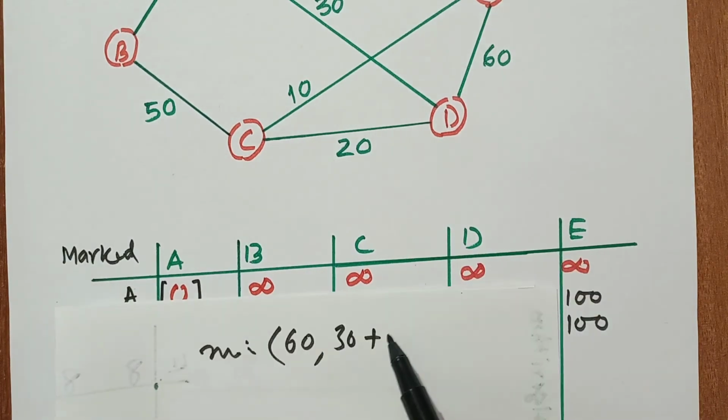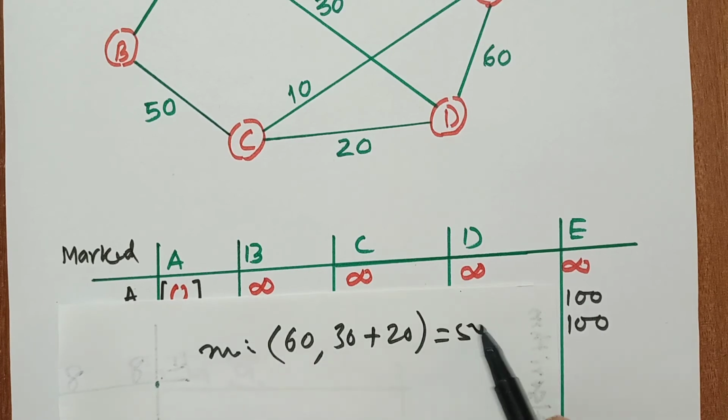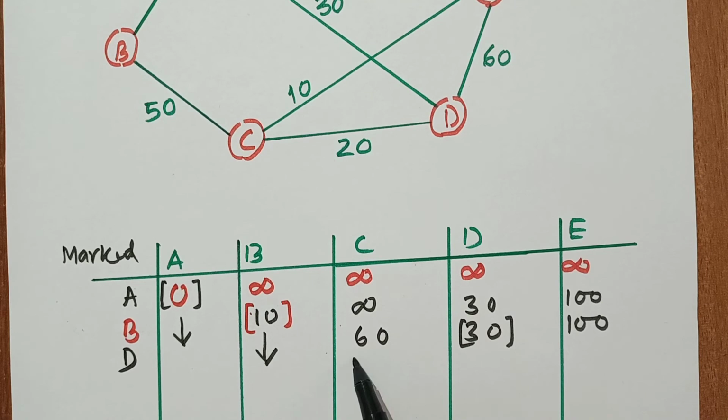D to C is 20. So the minimum of 60 and 50 is 50, and we write 50 below C.